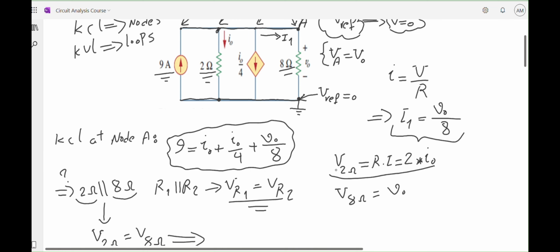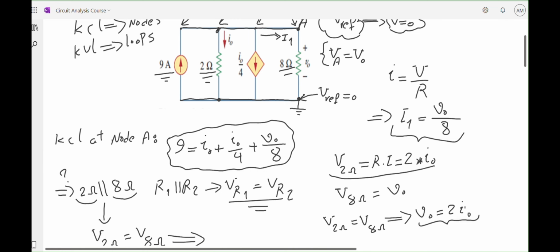Now, I know that V of 2 ohm equals V of 8 ohms because those two resistors are in parallel. From here, I can say VO equals 2 times IO.